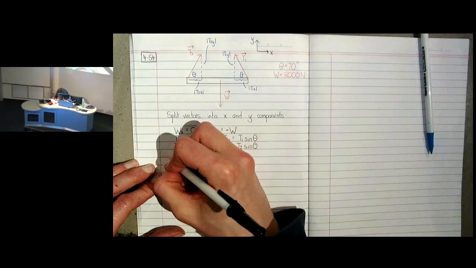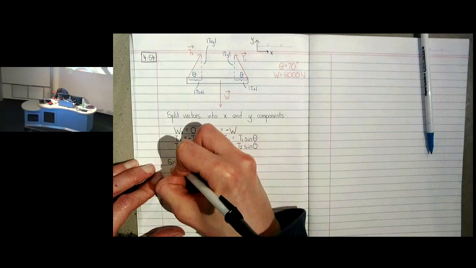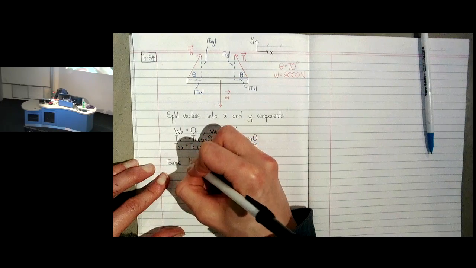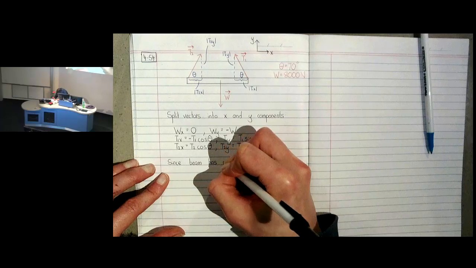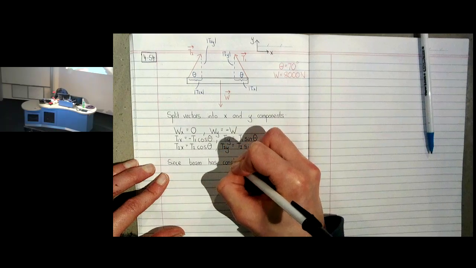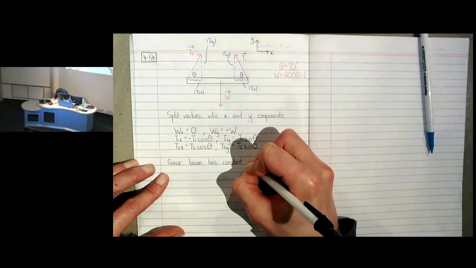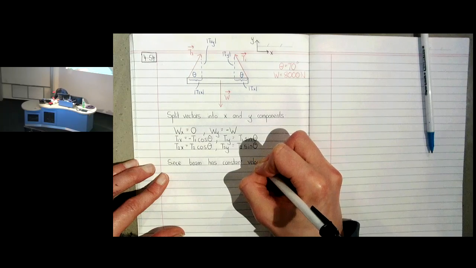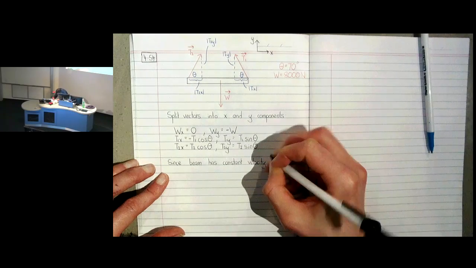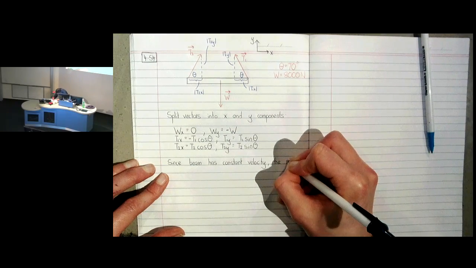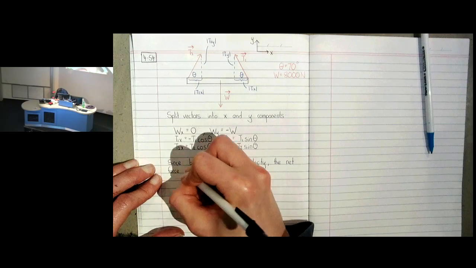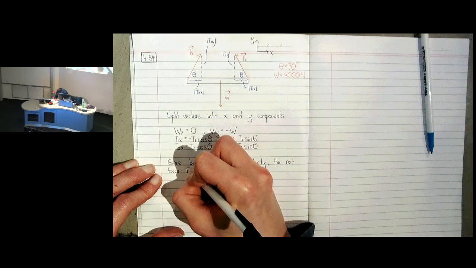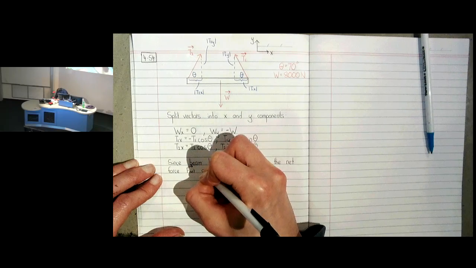So now, since the steel beam moves at constant velocity, the net force F net on it has to be 0.